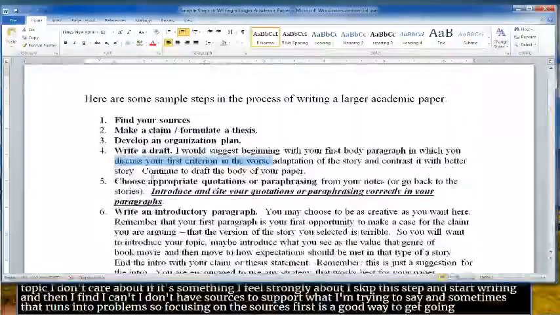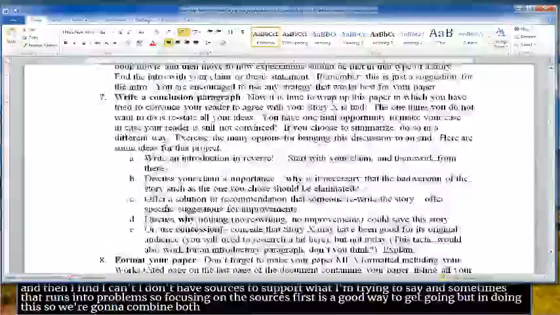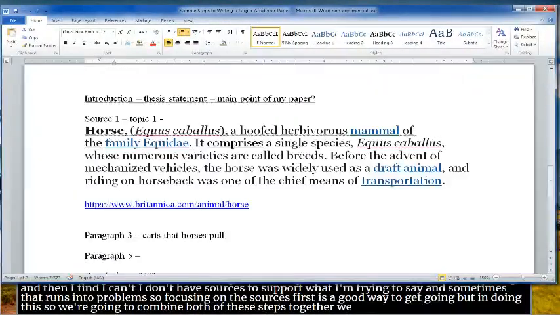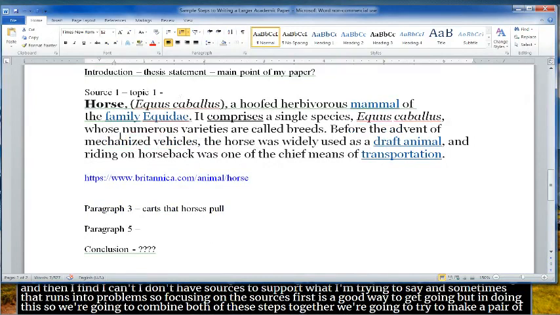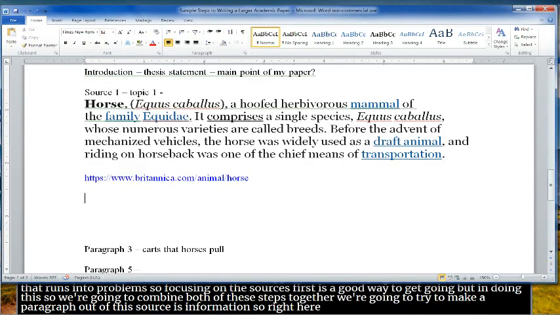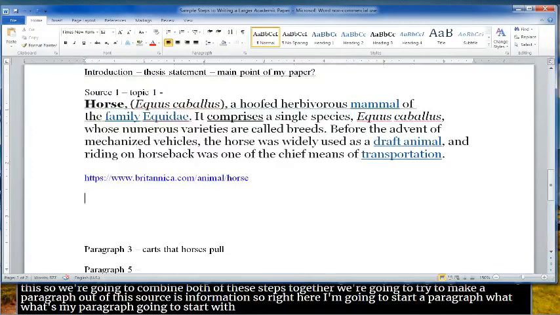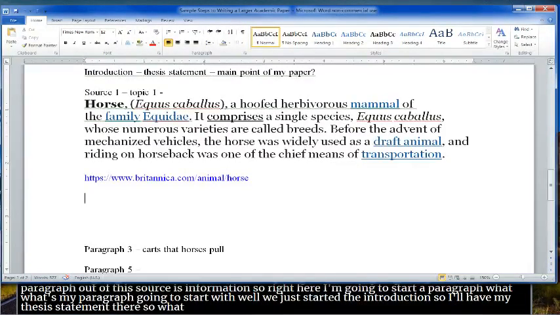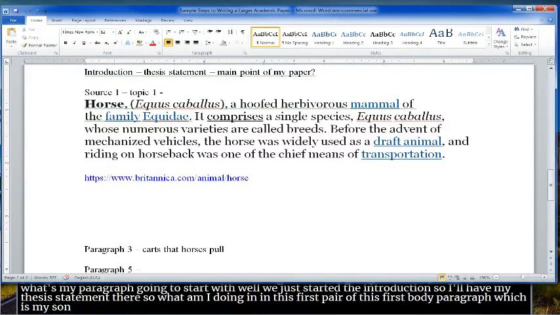But in doing this, we're going to combine both of these steps together. We're going to try to make a paragraph out of this source's information. So right here, I'm going to start a paragraph. Well, what's my paragraph going to start with? Well, we've just started the introduction, so I'll have my thesis statement there. So what am I doing in this first body paragraph, which is my second paragraph of my paper?